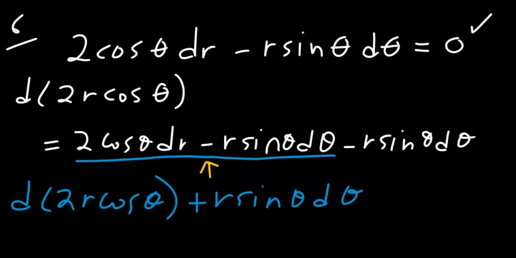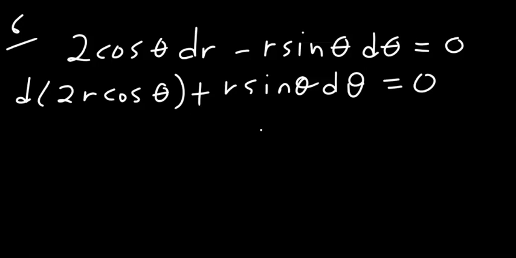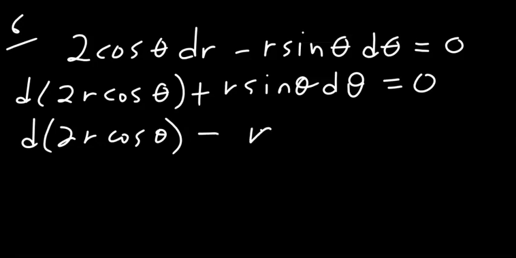So this line can be rewritten in a following manner. It is the differential of 2r cosine theta plus r sine theta d theta equals to 0. So let's rewrite these two terms on two different sides of that equation. The left-hand side is that, the right-hand side is minus r sine theta d theta.